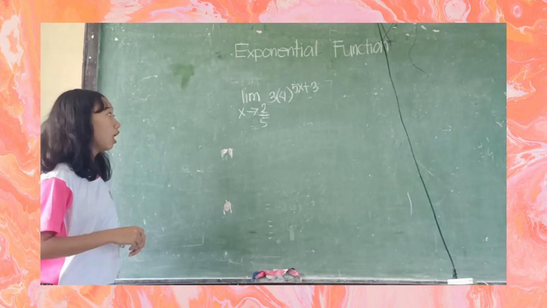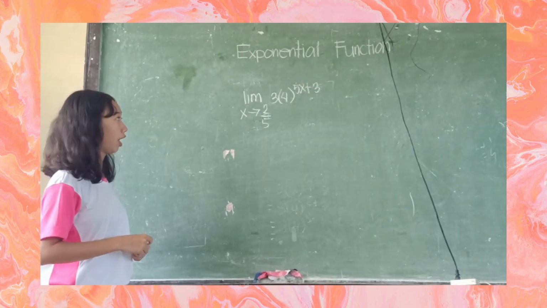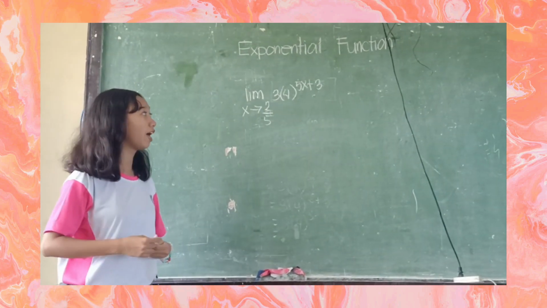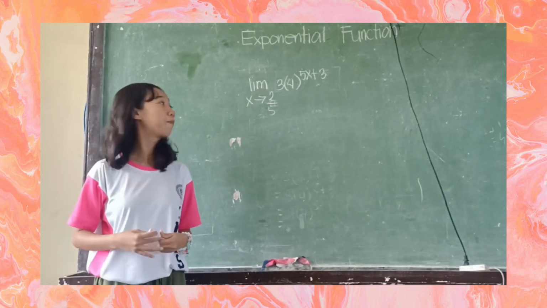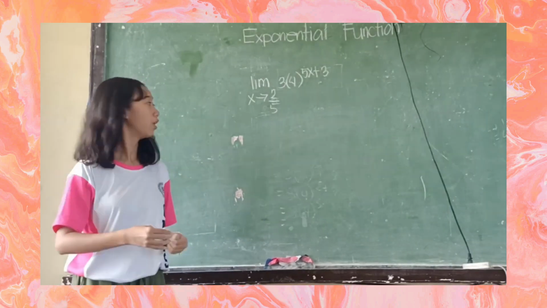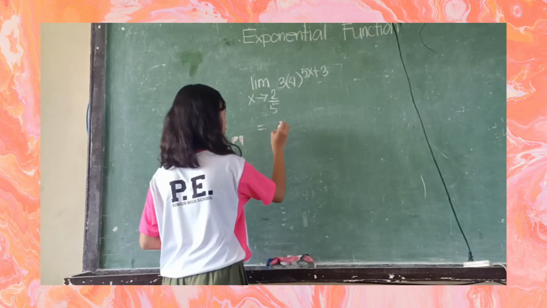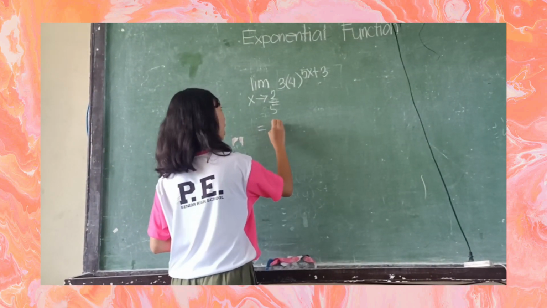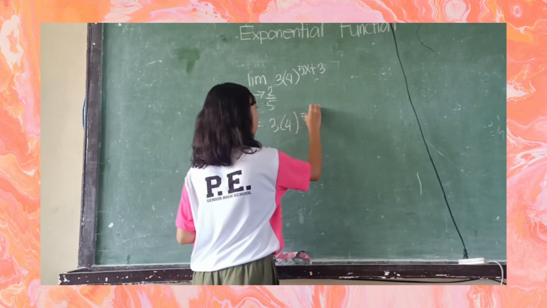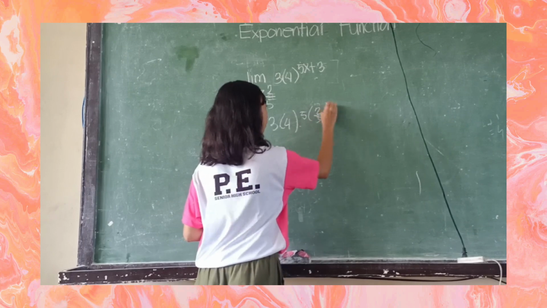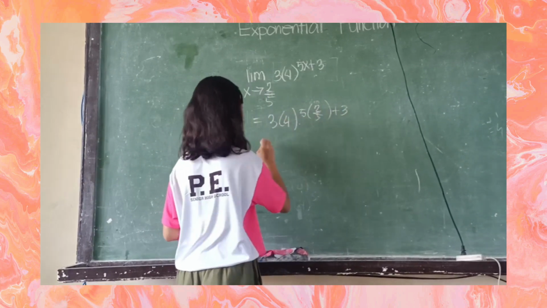Another example of an exponential function. Given the limit of 3 times 4 raised to the power of 5x plus 3, as x approaches 2 over 5. First we need to substitute, which is the limit of 3 times 4 raised to 5 times 2 over 5 plus 3.